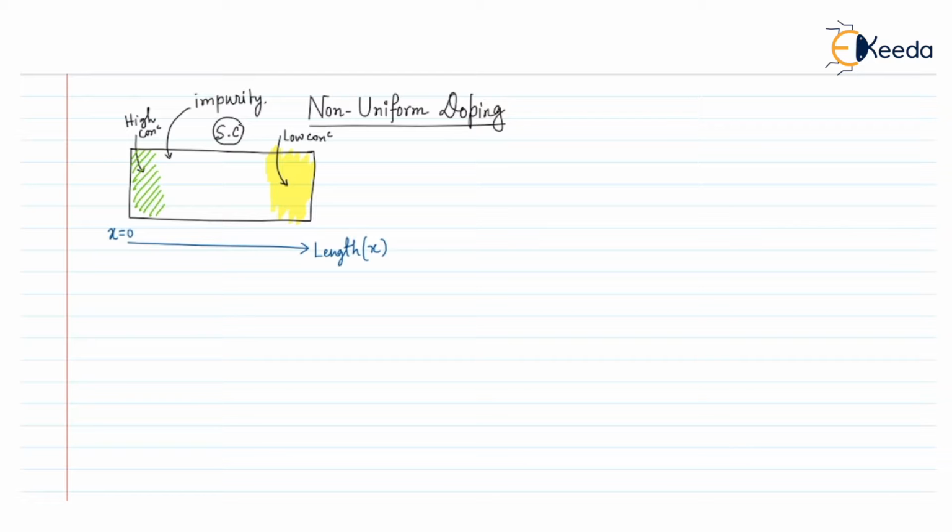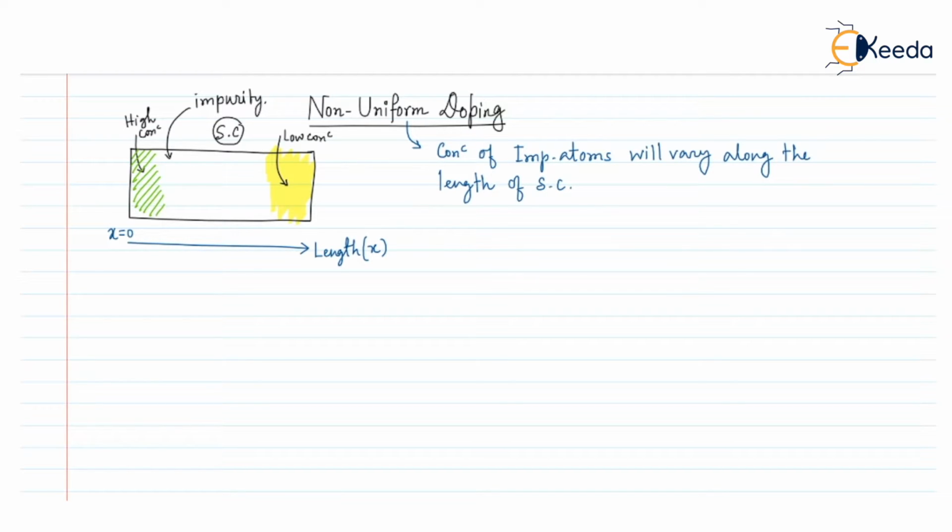For non-uniform doping, the concentration of the impurity atoms will vary along the length of the semiconductor.